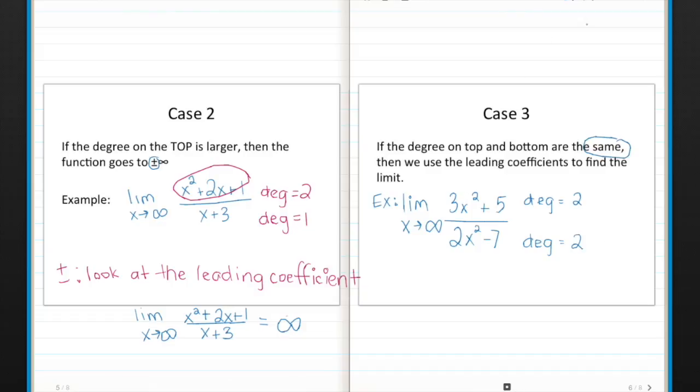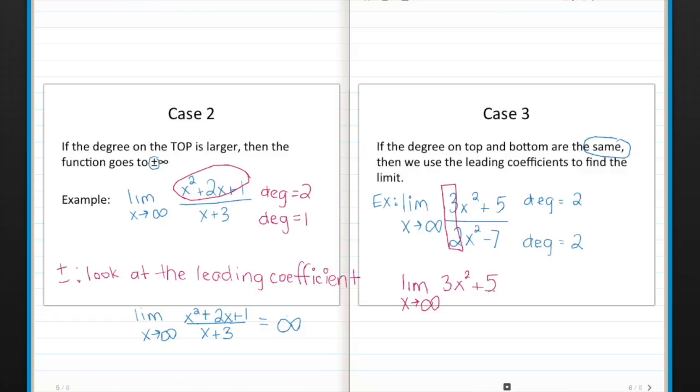In this case, the degree on top is 2, and the degree on bottom is 2. When they're the same, we are going to take the leading coefficients and write them as a fraction. In our case, our leading coefficients are 3 on the top and 2 on the bottom.